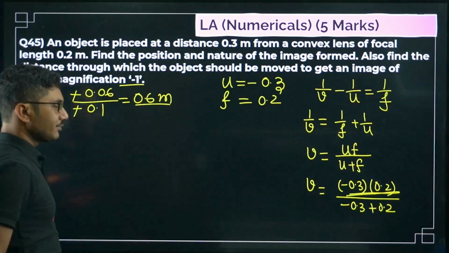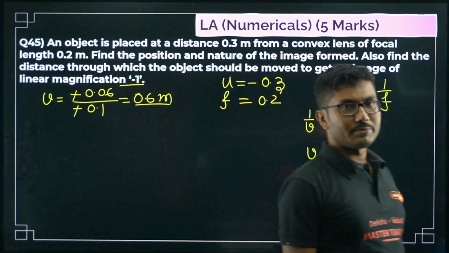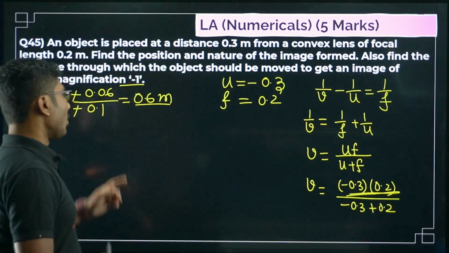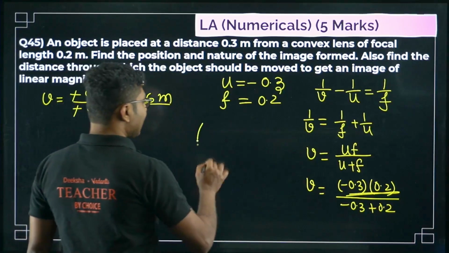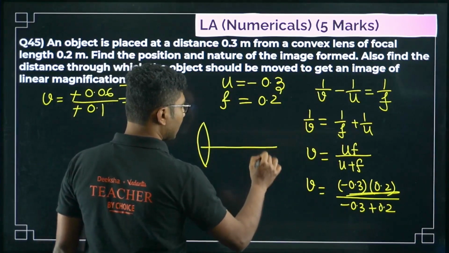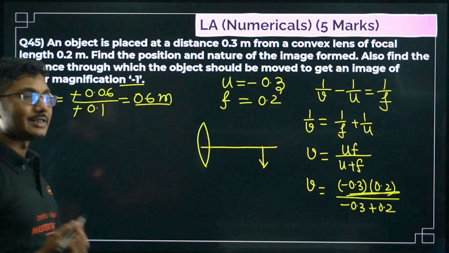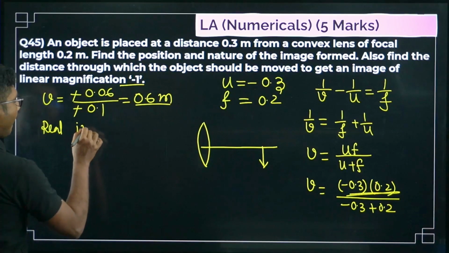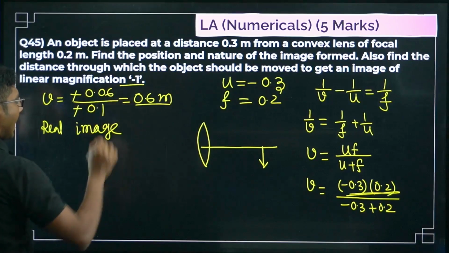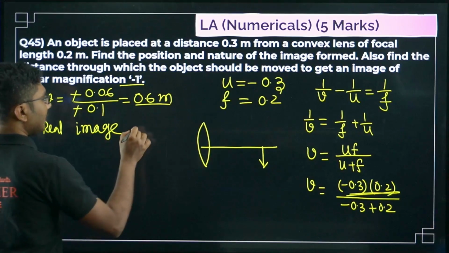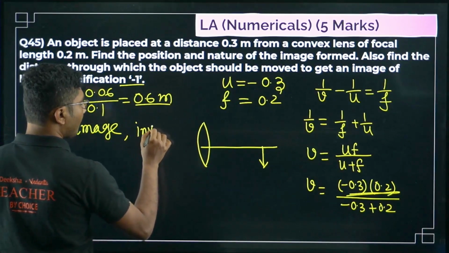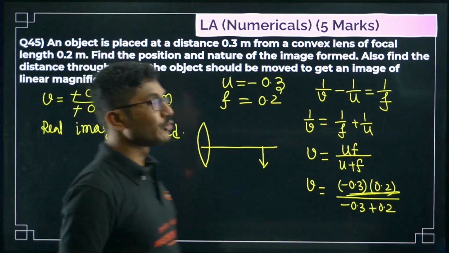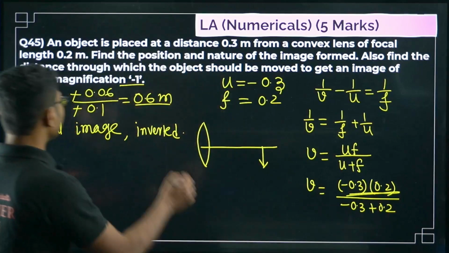So the image distance will be 0.6 meters. Now the sign of this image distance is positive. For a lens, positive sign means the image is forming on the other side. Other side means definitely it's a real image, right? And because it's a real image, it must be inverted as well.